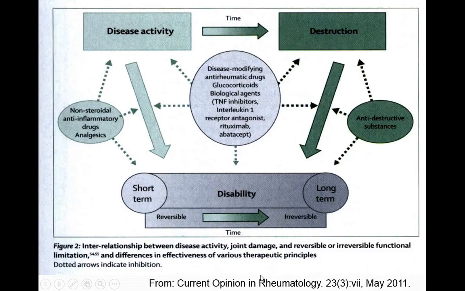All right? So, our first thing in general, on your handout, you have a schema. This is a very general schema of how we're going to treat these patients. You have disease activity, you have destruction over time. You're going to use any of the DMARDs, and in between, you're going to use nonsteroidals or analgesics or prednisone to minimize that disease activity and pain until that patient is controlled and these other drugs kick in.